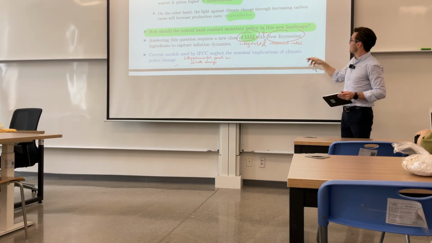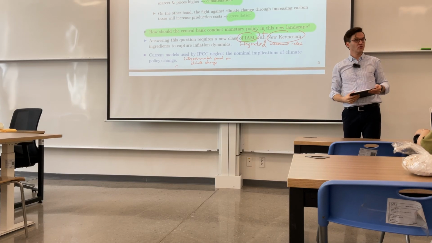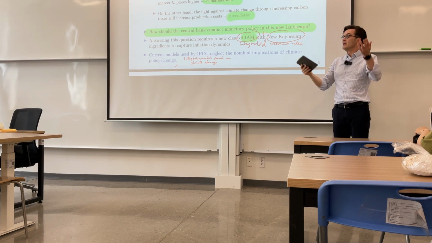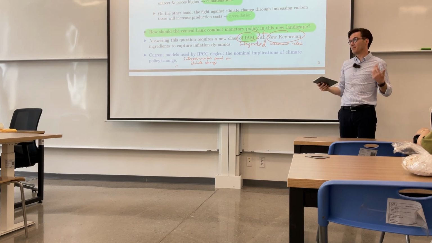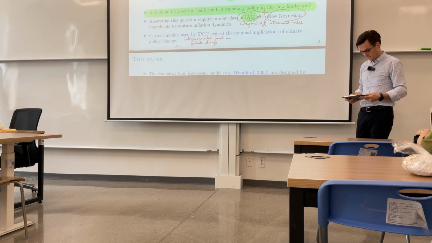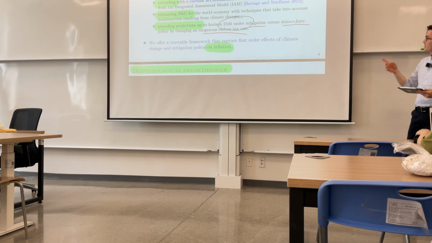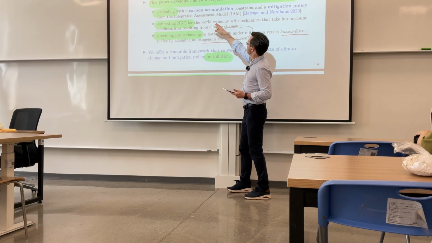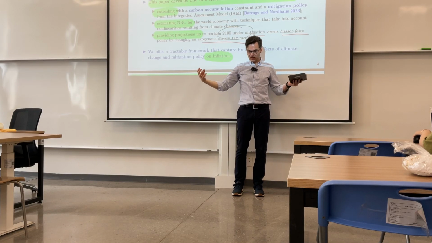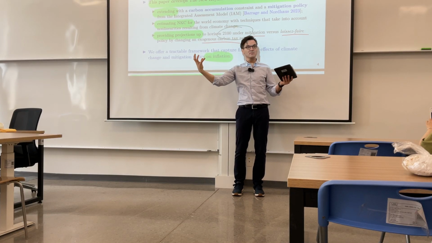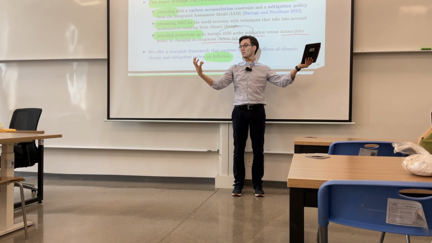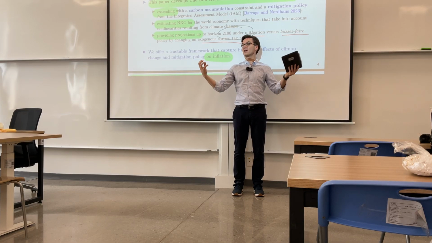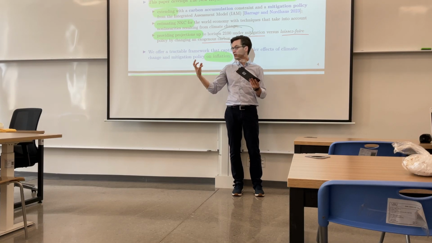And the big question is, how should central banks deal with those forces pushing up inflation, in a way that hasn't been there in the past? That's the basic idea. So we come to the authors' model, where they marry the standard New Keynesian model with a so-called integrated assessment model, putting in a carbon accumulation constraint that captures climate dynamics.